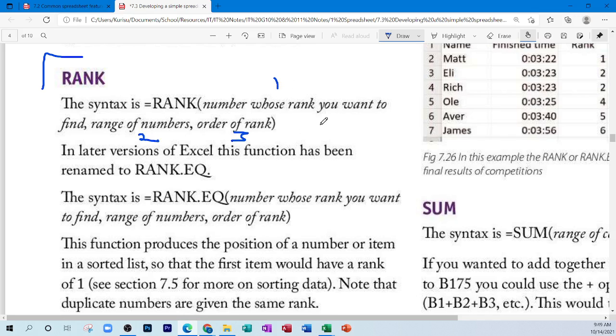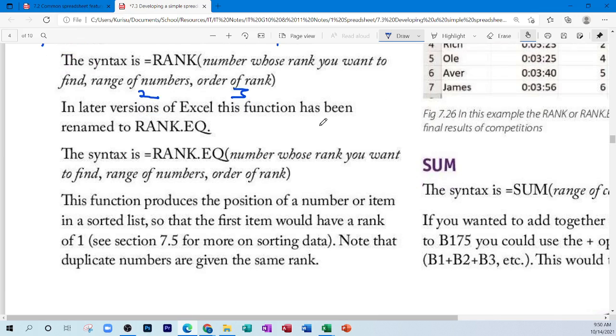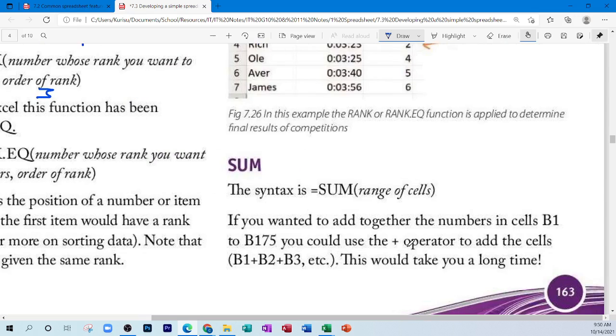This syntax is equal to rank EQ, in brackets, number whose rank you want to find, range of numbers, order of rank, close bracket. This function produces the position of a number or item in a sorted list, so that the first item would have a rank of 1, in brackets, see section 7.5 for more certain data. Note that duplicate numbers are given the same rank. Good.